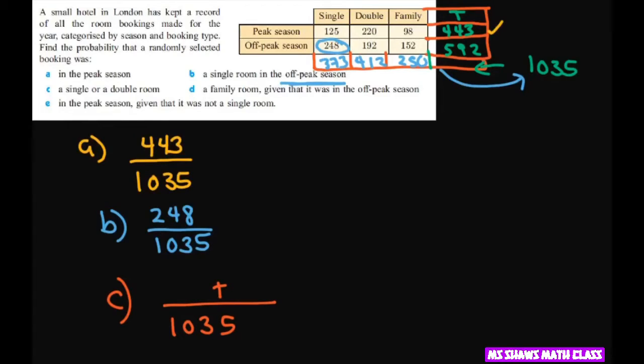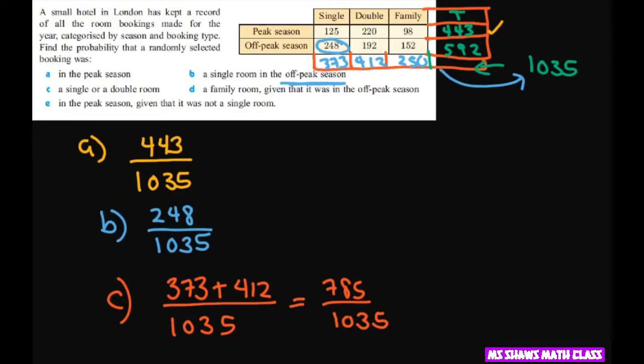So the single room is going to be a total of 373. And the double room's total is 412. So that gives you a total of 785 divided by 1,035.